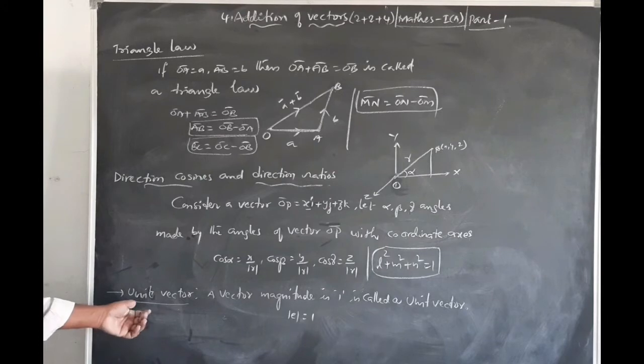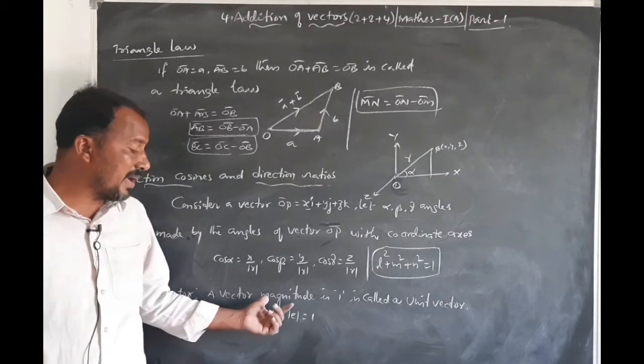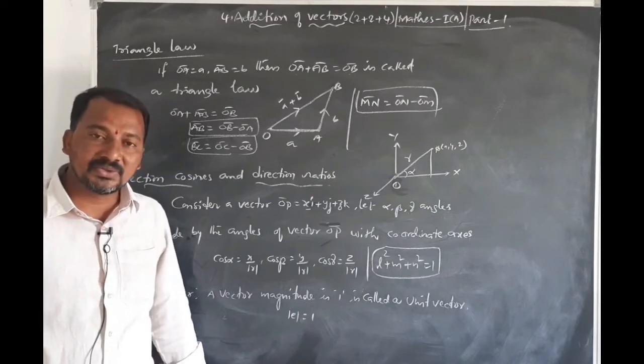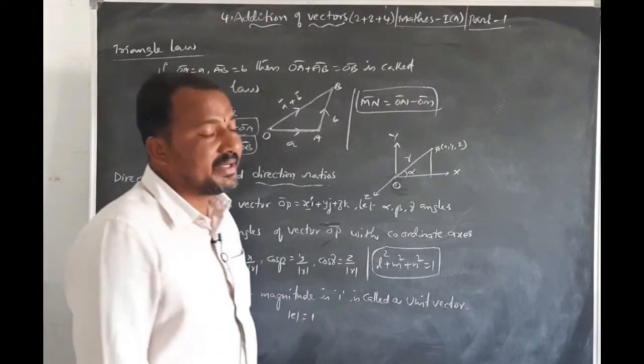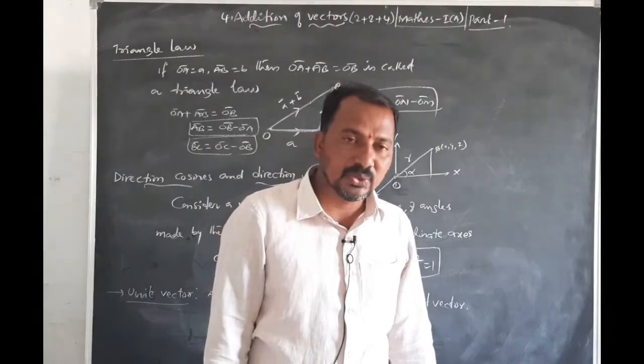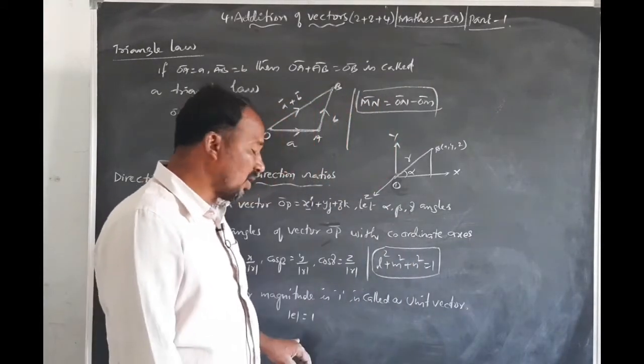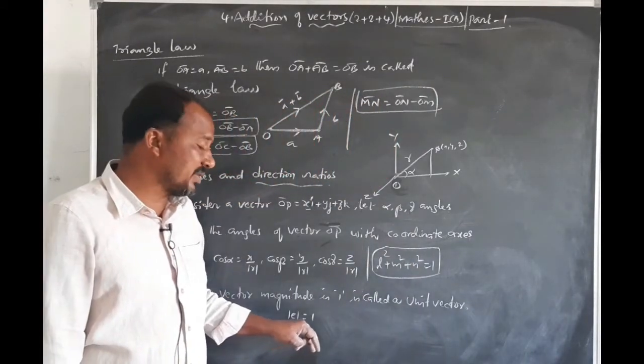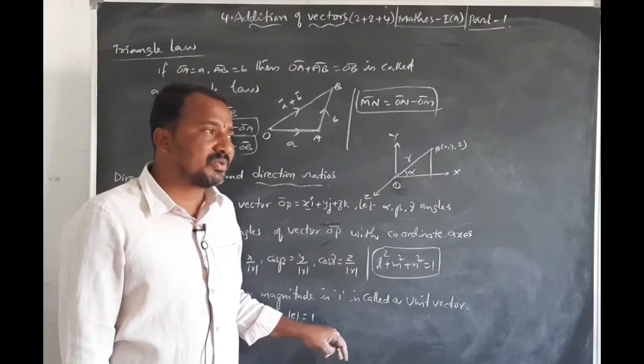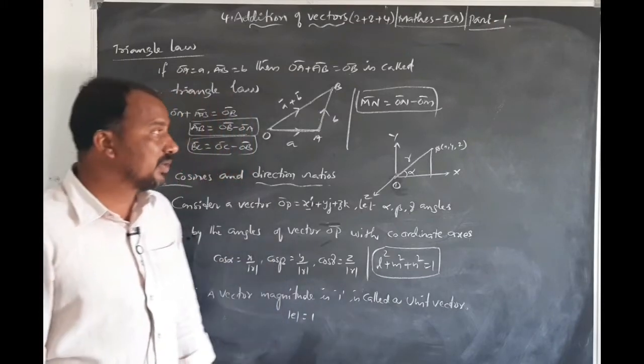Another definition, unit vector. A vector whose magnitude is 1 is called a unit vector. That means if the mod of the given vector a equals 1, then it is called a unit vector.